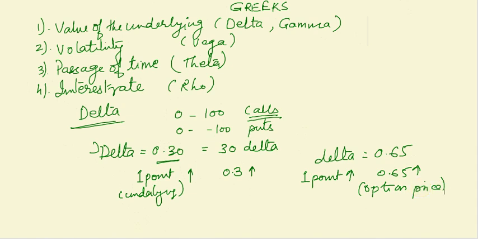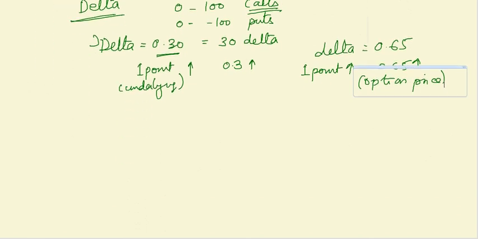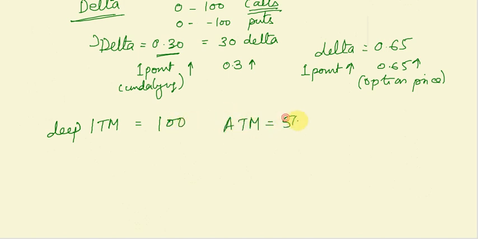And again, some important things to note: deep in the money options have a delta of 100, at the money options have a delta of 50, and deep out of the money options have a delta of 0.